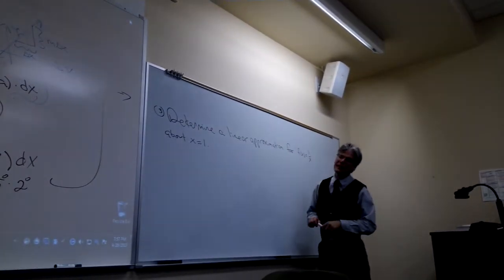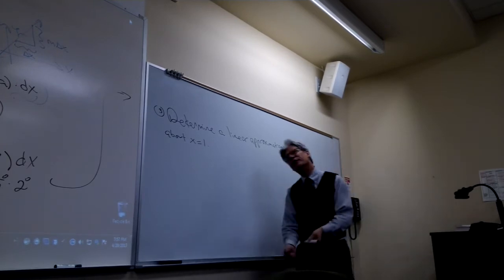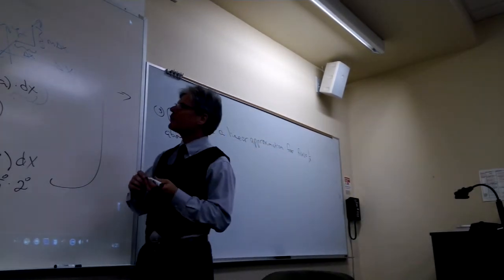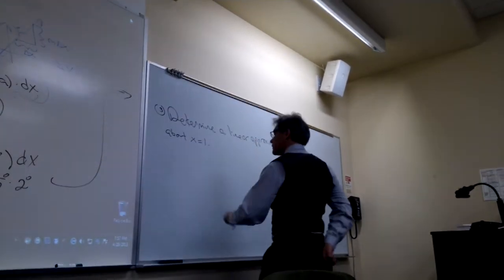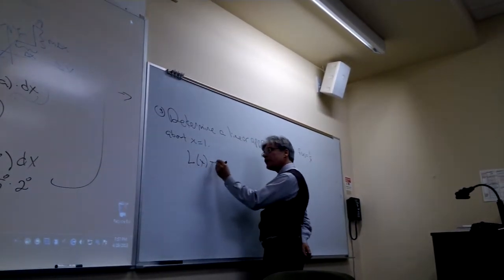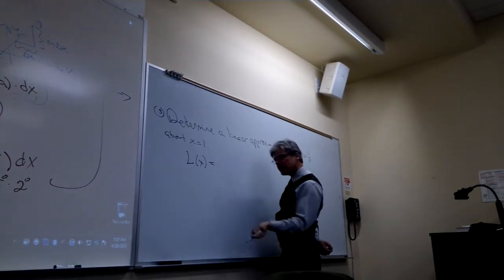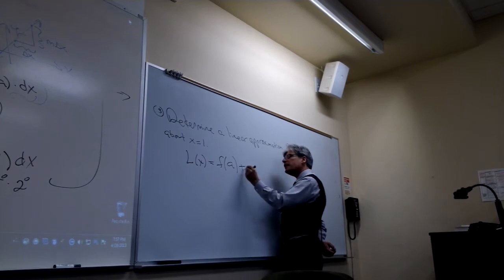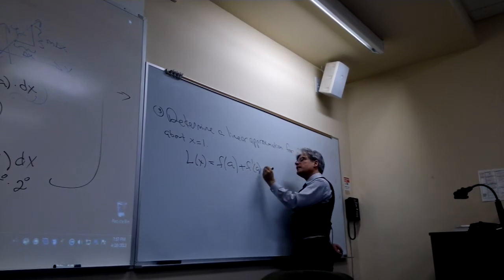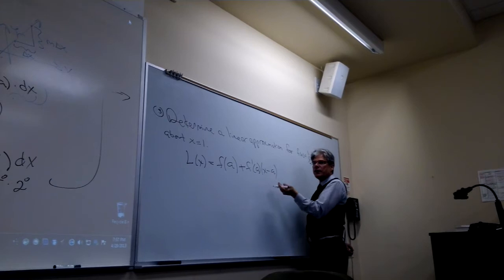If I were to try to find the linear approximation, I just think it's goofy. It's nothing more than what I did here with differentials, just using different language. The output of my linear approximation is going to be, just like with my differentials over there, the output of my function f at x equals a, plus my f prime of a times x minus a. In this particular case, a is 1.